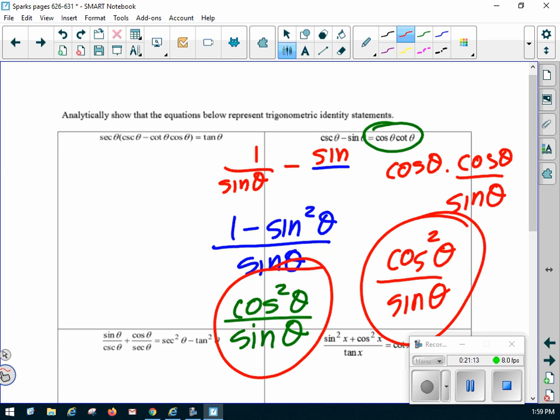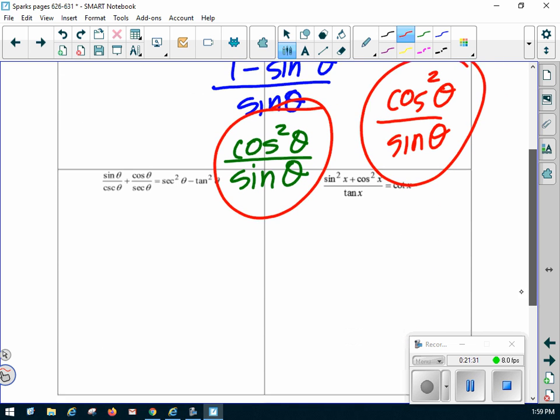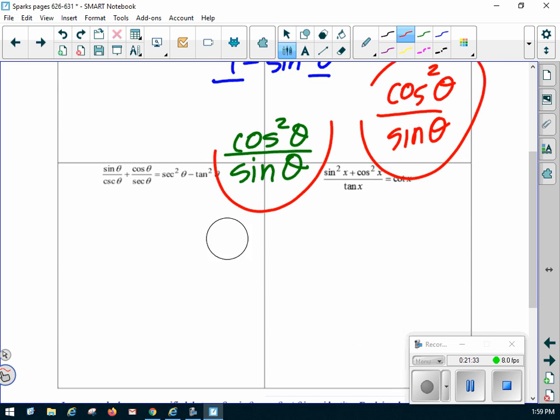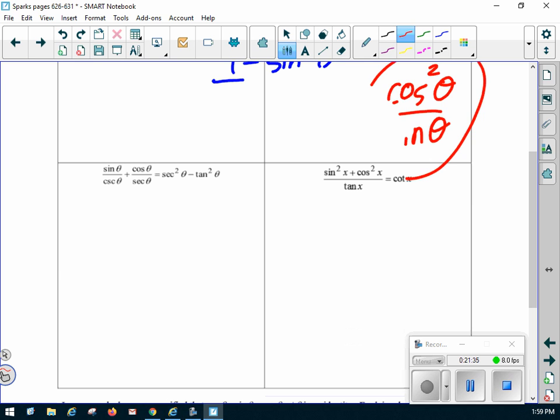How I got from blue to green? 1 minus sine squared theta. Subtract sine squared theta from both sides. Okay? You okay?